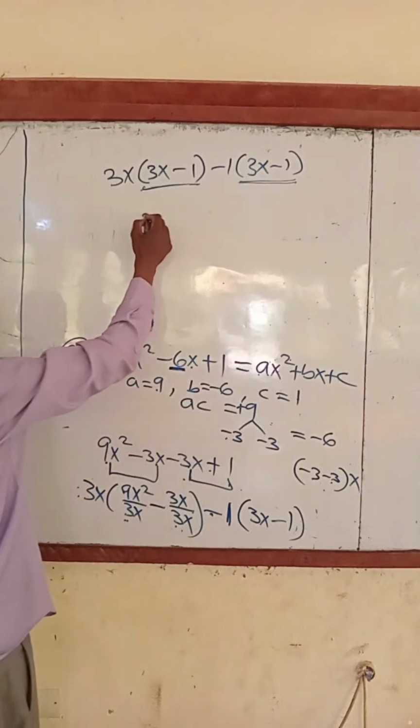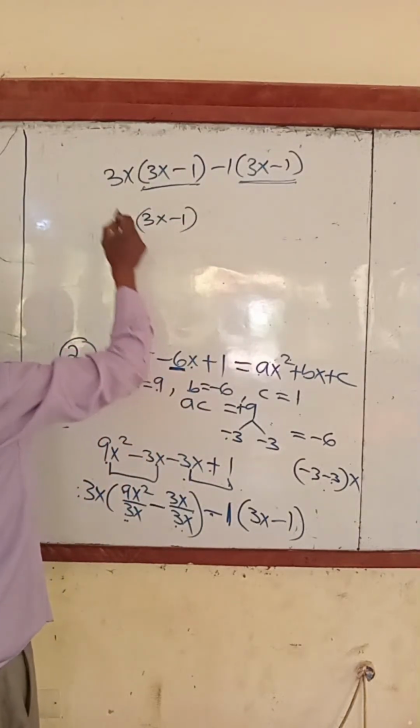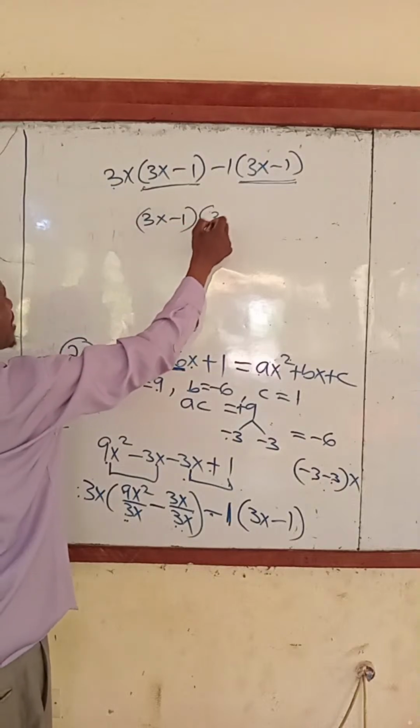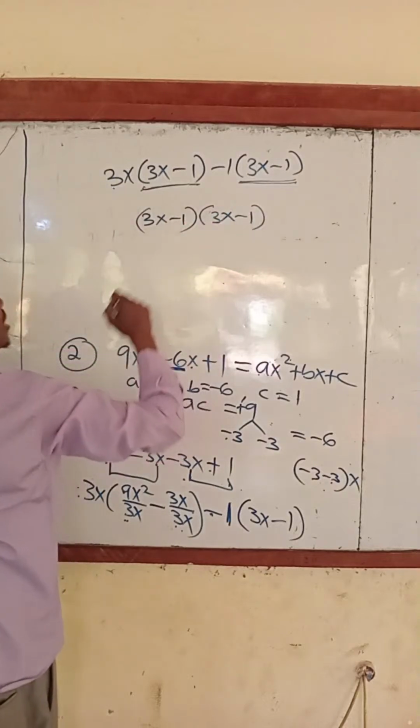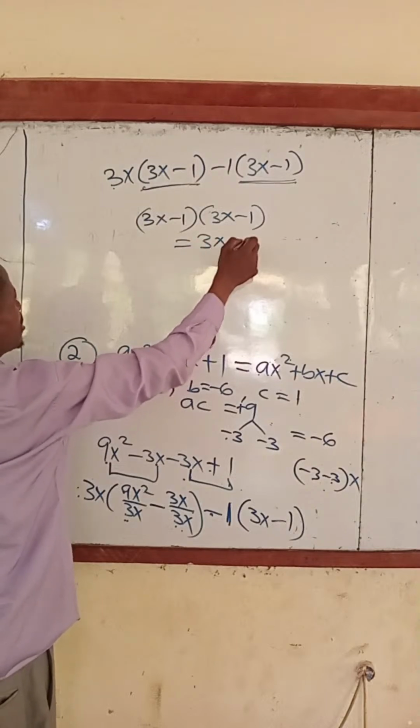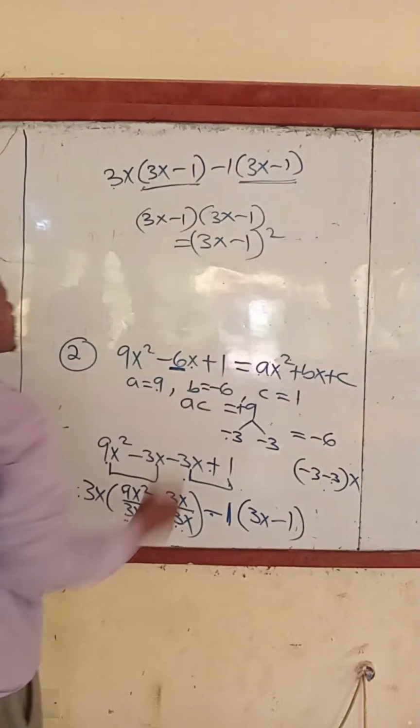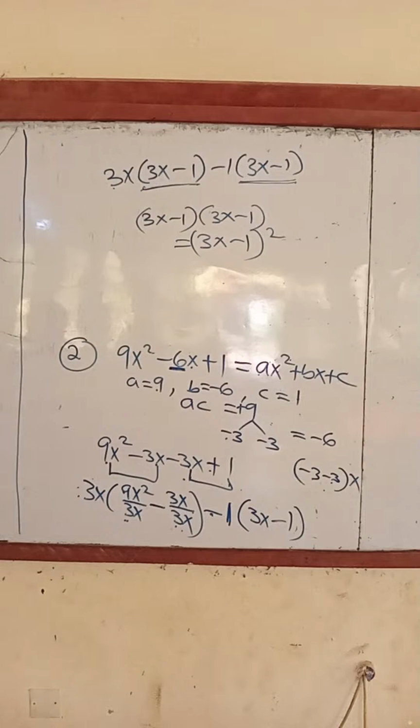You take one of that, and then the one here, 3x minus 1, and that's giving us 3x minus 1 squared. Okay? That's that on that question.